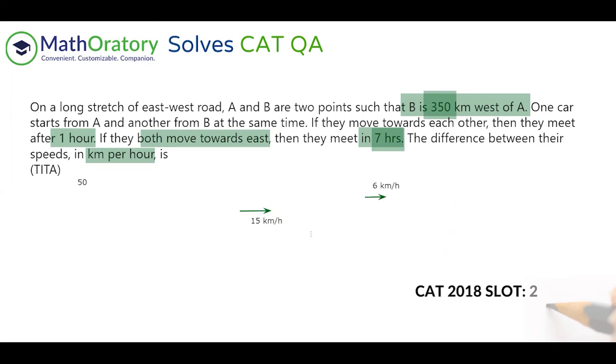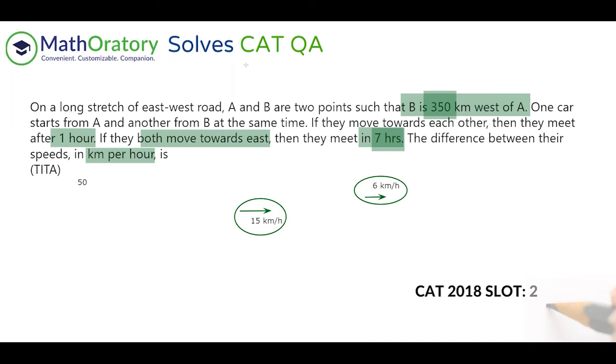Now, every hour, this car moves 6 km forward, but the other car moves 15 km towards it.